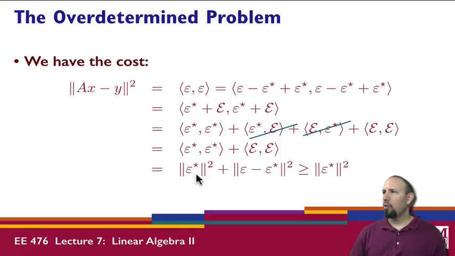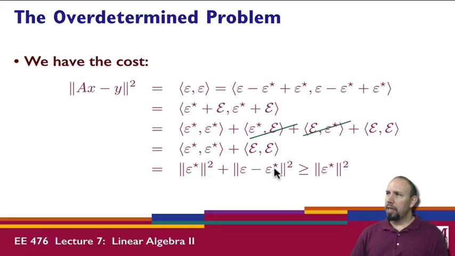Notice that each of these quantities is non-negative by the definition of the norm. And so in particular, this one is non-negative, and so all of this is greater than or equal to the norm of the error star. We get equality if and only if this quantity here is 0. Okay, if and only if.